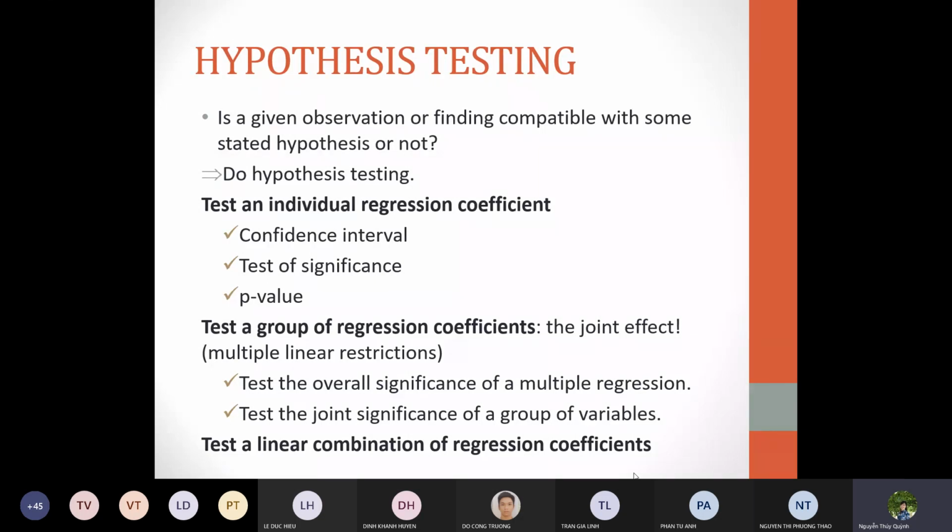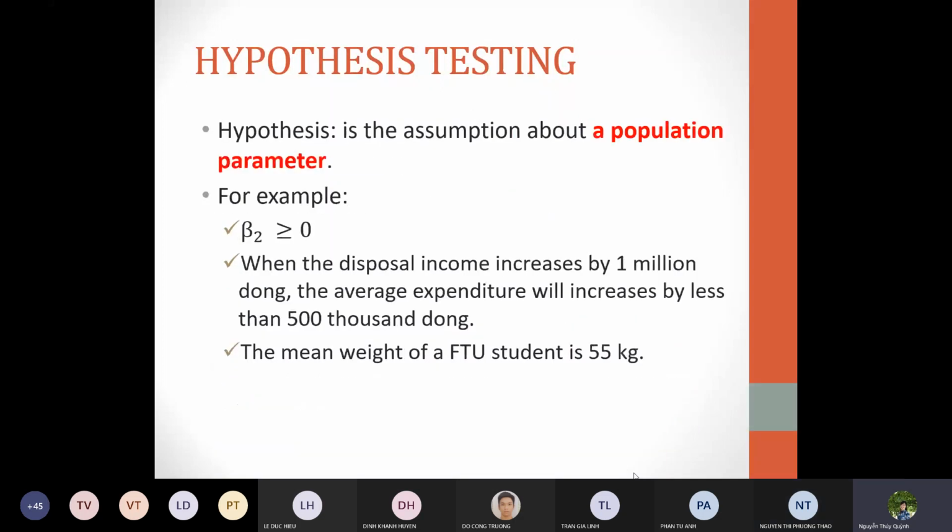Let's move on. Before we talk about the test of individual regression coefficients, let's talk about hypothesis testing first. A hypothesis is an assumption about the population parameters in the context of econometrics. It is what we believe about the population parameters.